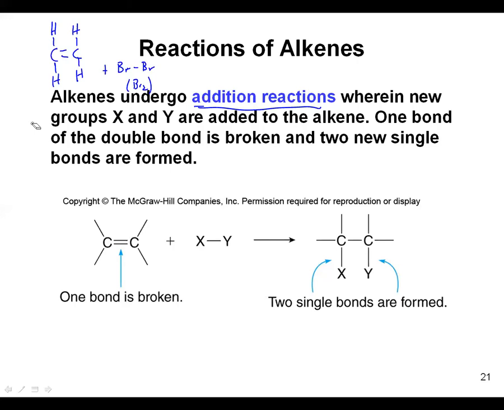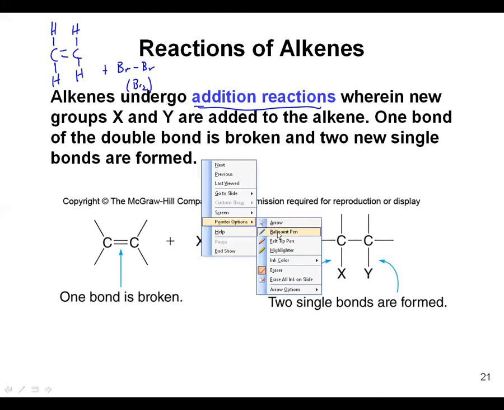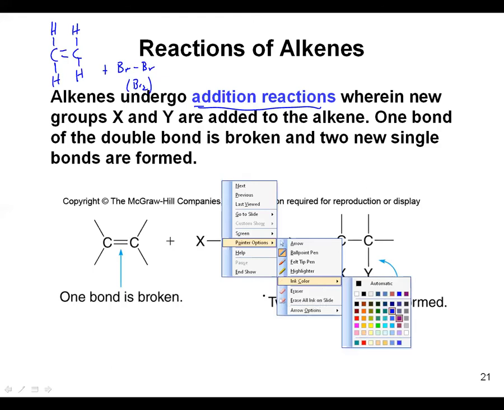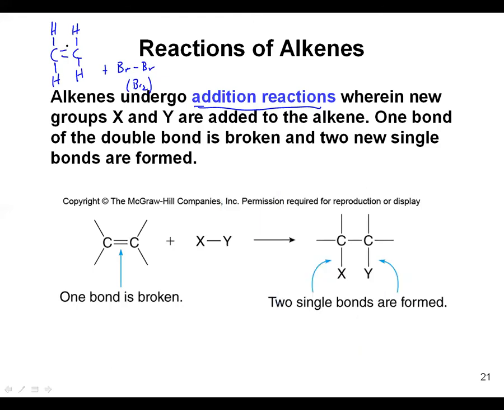So what always happens in this type of reaction, this addition reaction, is we always make room for whatever's coming in by turning this double bond right here into a single bond. So that's what you should remember when you're doing these type of reactions: the double bond becomes a single bond.